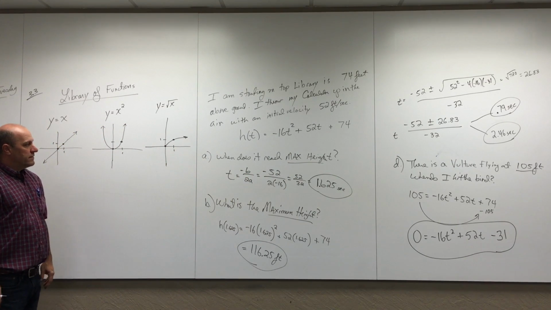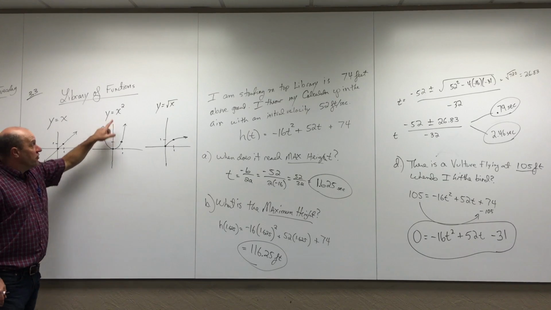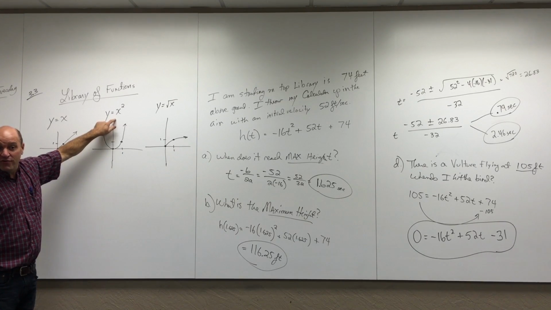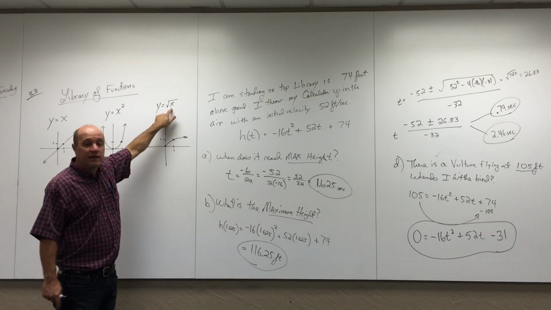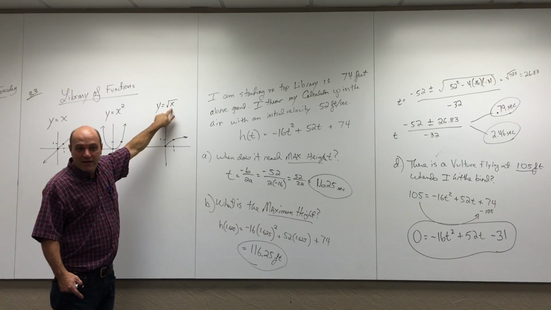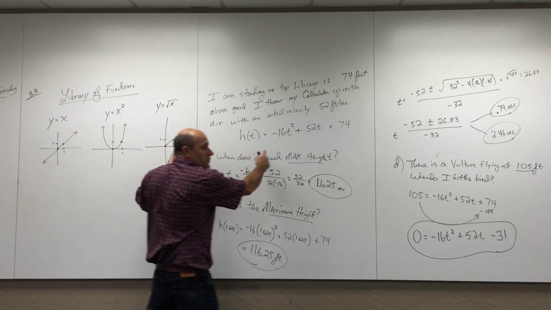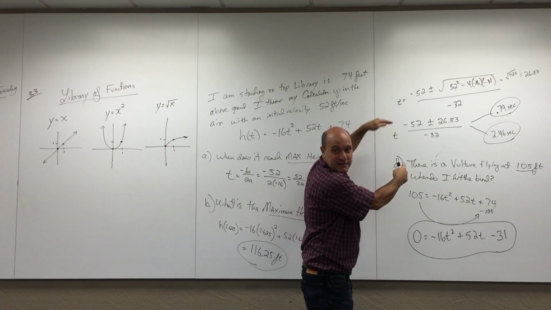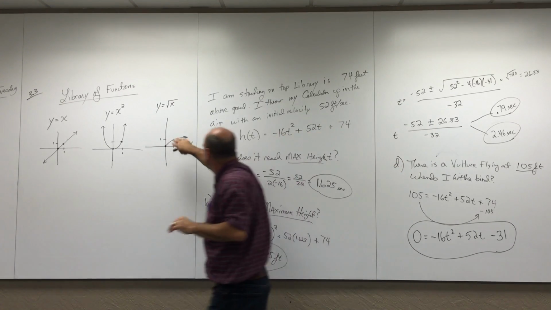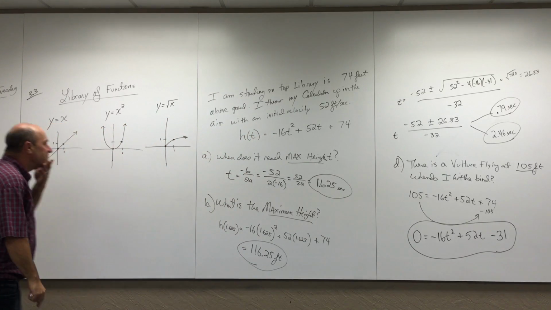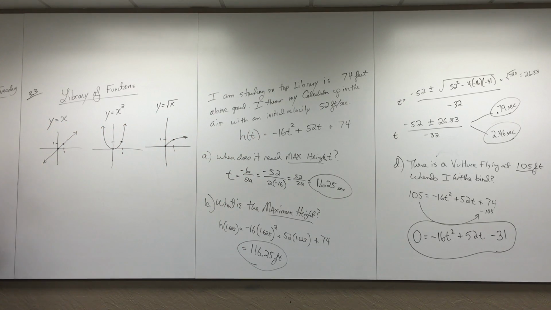If you plug 100 into this function, the answer is 100 squared, which I think is 10,000. Watch this. If you plug 100 in here, what do you get? 10. So on my graph, if I went way out to 100, how high would I be? 10. So it's a totally slow-growing function.